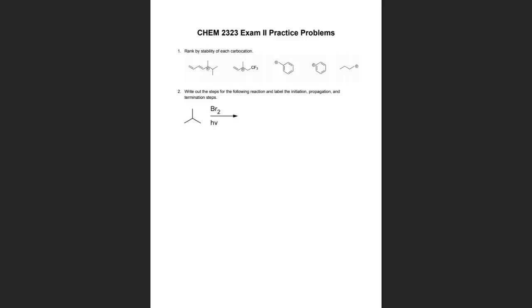So let's start with some ranking. First we have some rank by stability of each carbocation. If we remember our carbocation stability, it goes tertiary, secondary, and primary, and of course resonance is going to be greater than all of them.